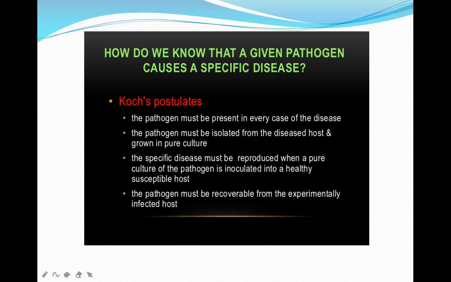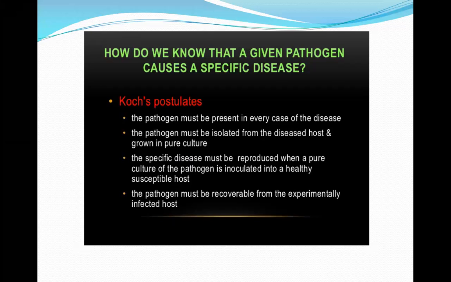It is isolated, meaning it is separated from the host, and grown in a pure culture. The specific disease must be reproduced when a pure culture of the pathogen is inoculated into a healthy susceptible host.